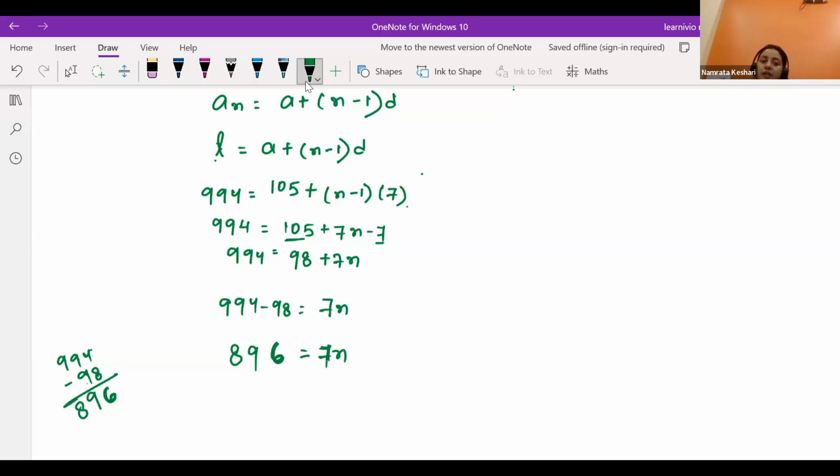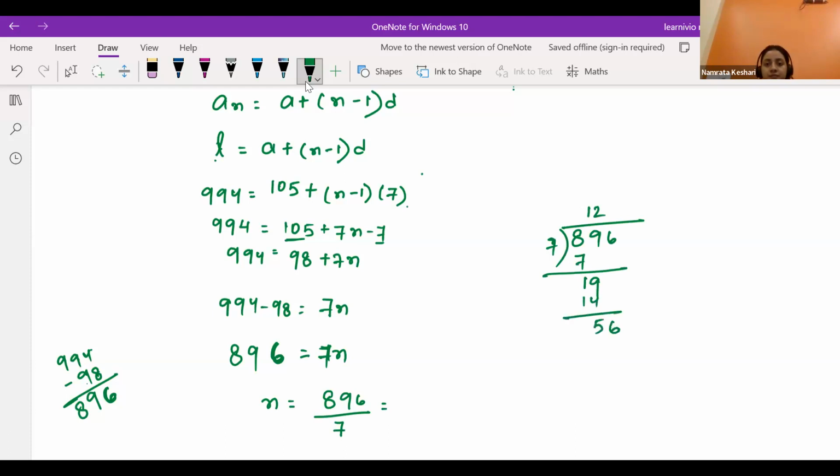Then we will divide it by 7. We divide by 7 and we get 128.